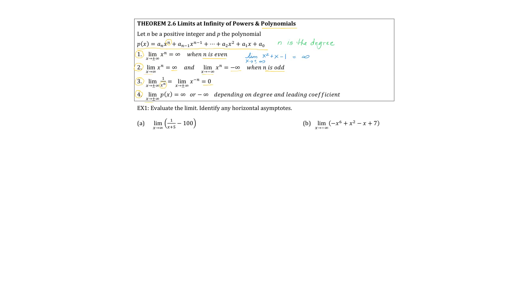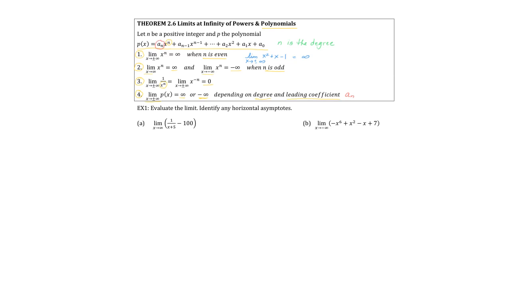As you go to negative or positive infinity, the limit will be positive infinity or negative infinity. And this depends on the degree of the polynomial and the leading coefficient. So the leading coefficient is the a sub n, and that will determine whether it's a negative or positive infinity.